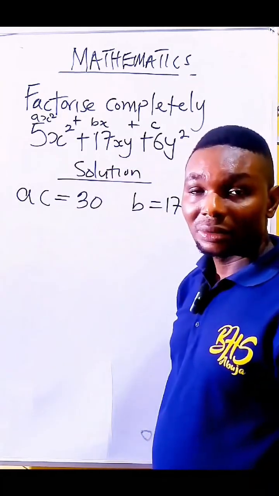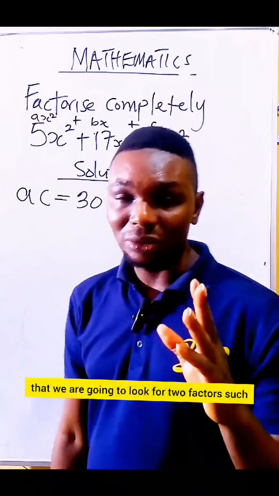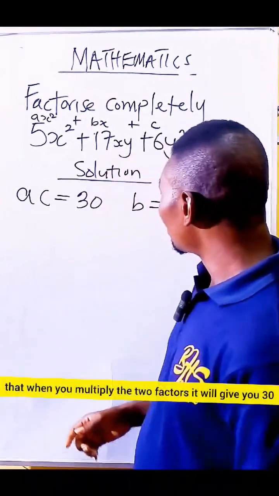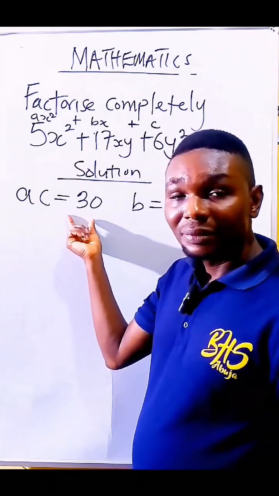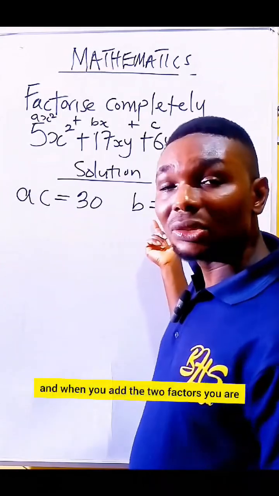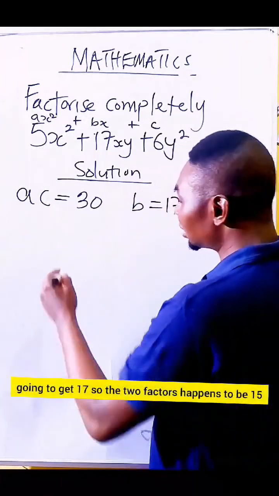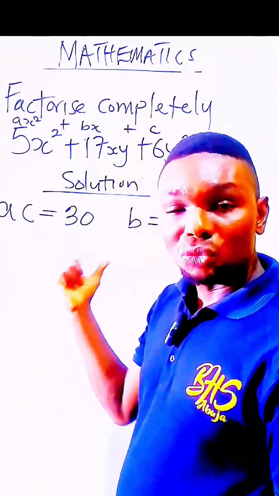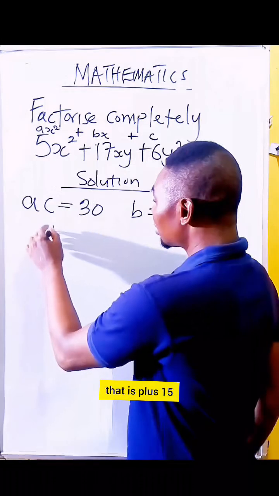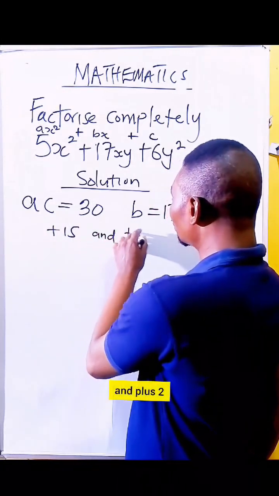Now what we are going to do is look for two factors such that when you multiply the two factors, it will give you 30, and when you add the two factors, you are going to get 17. So the two factors happen to be 15 and 2, that is plus 15 and plus 2.